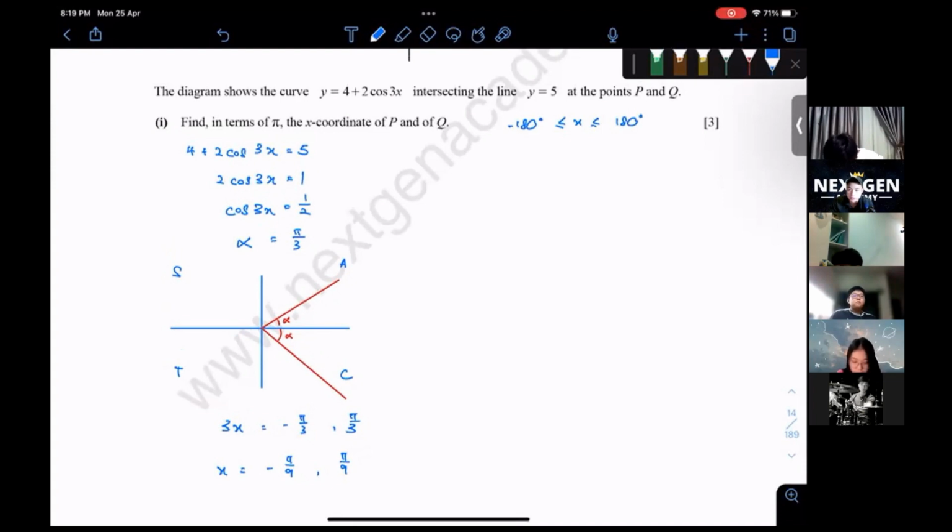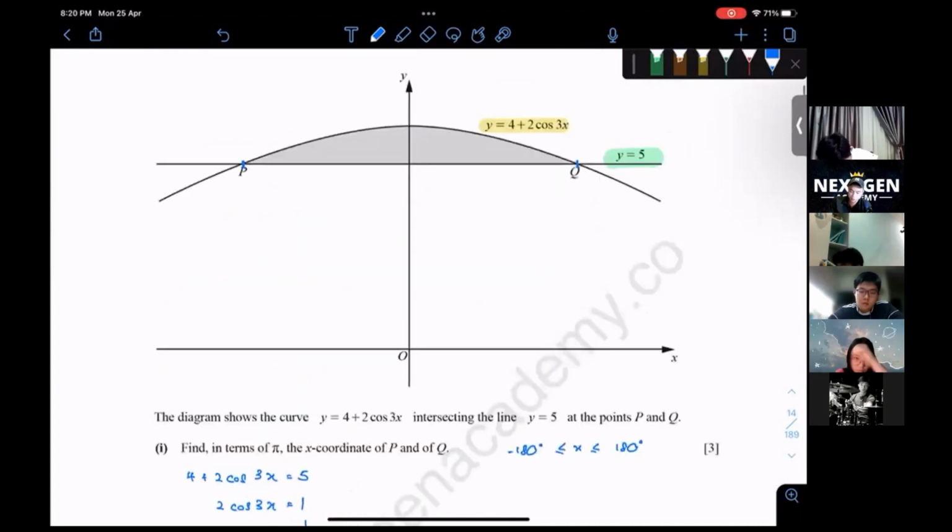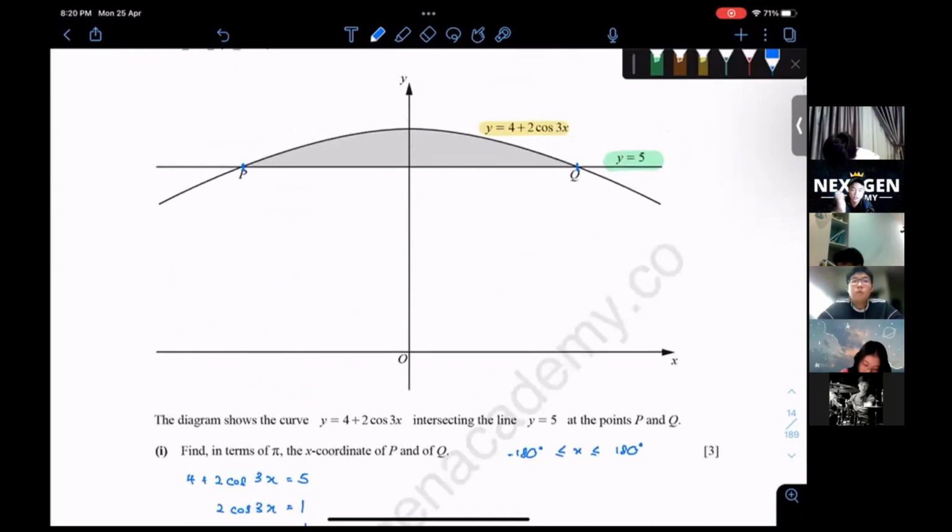Do you understand that? But this question, they don't give you. So you have to use your observation from the graph. Because one of my x value will be negative, and it will be the first or the closest to your 0, and that means your first negative value that it intersects.